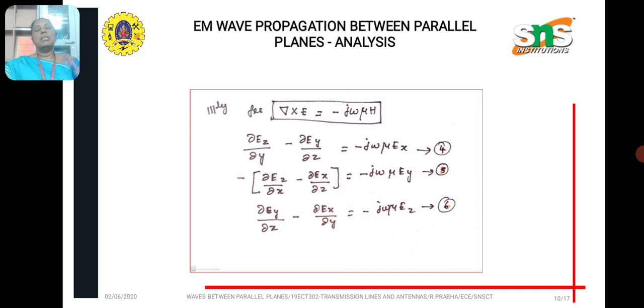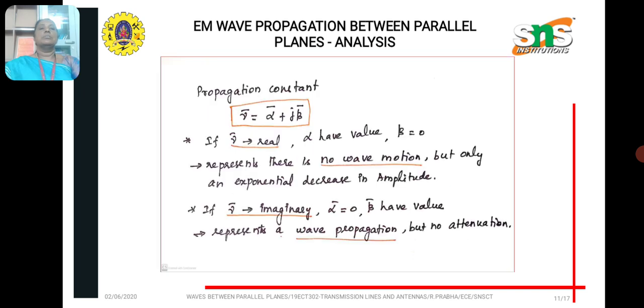Similarly del cross E, the Maxwell's second equation is taken, and from this also we can get another three equations. It is 4, 5, 6. So we got two sets of equations, three equations from first Maxwell's equation and another three equations from the second Maxwell's equation.